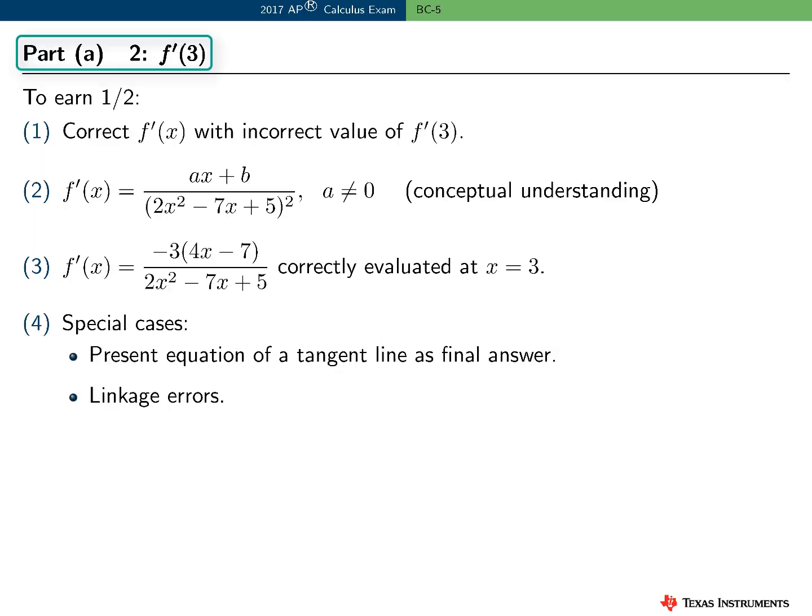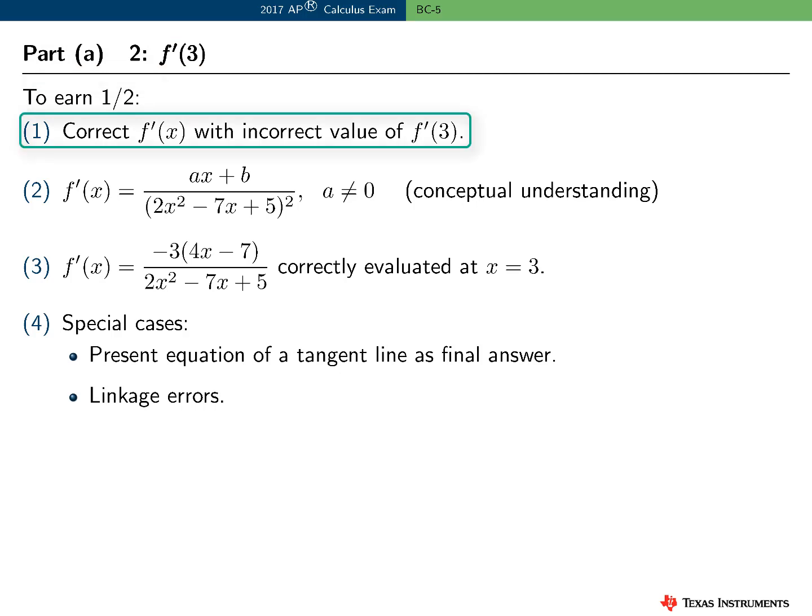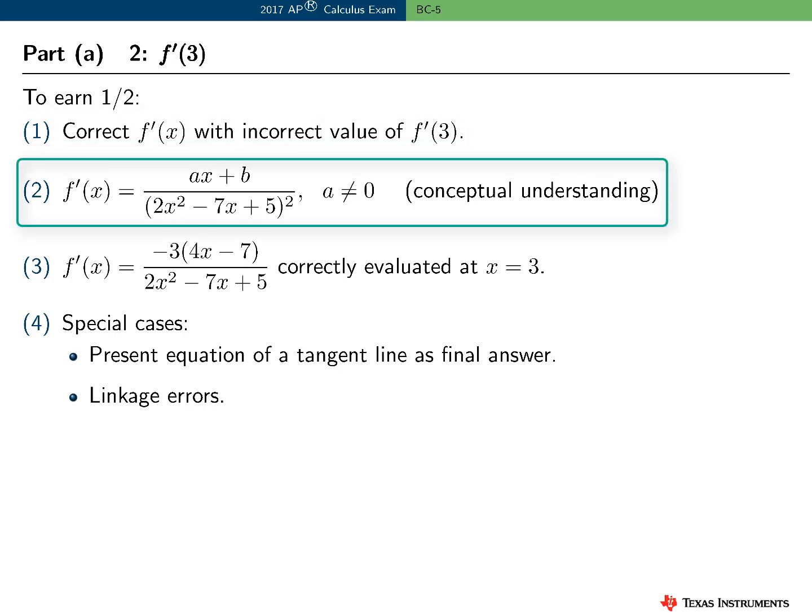Part A was worth 2 points for finding f prime of 3, but it was possible for a student to earn only one of these 2 points, and here are some examples. The student presents a correct expression for f prime of x with an incorrect value of f prime of 3. The student could convey a conceptual understanding of the chain rule, but in this form, and earn 1 point.